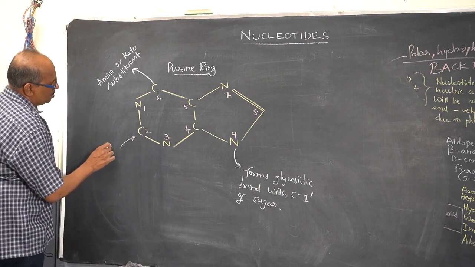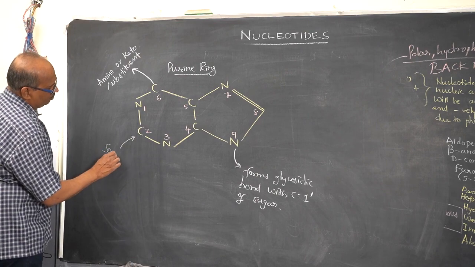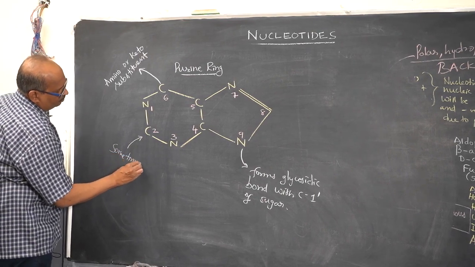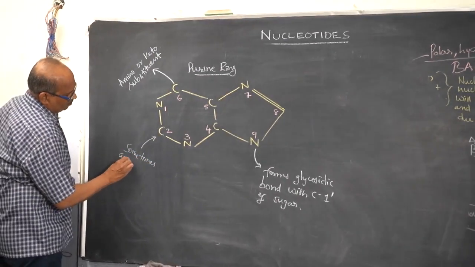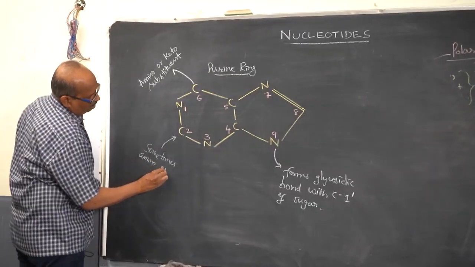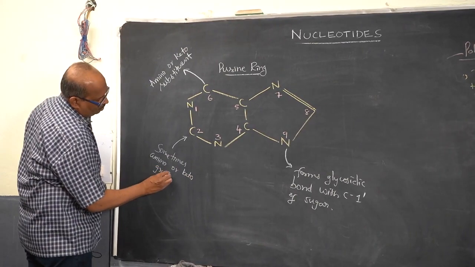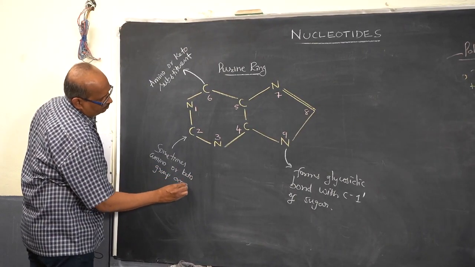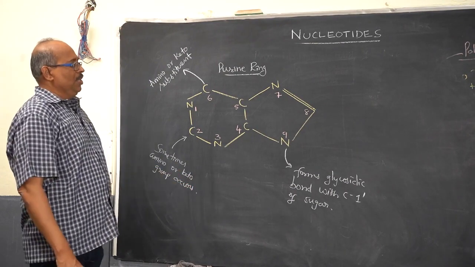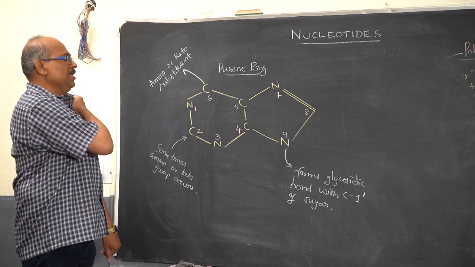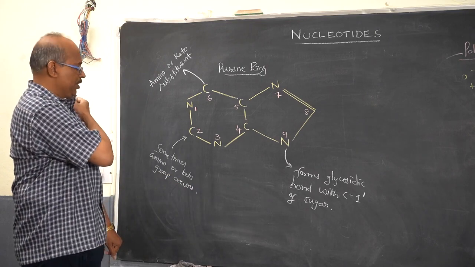Here, sometimes, not compulsorily, an amino or keto group occurs. So this is the structure of a purine ring.